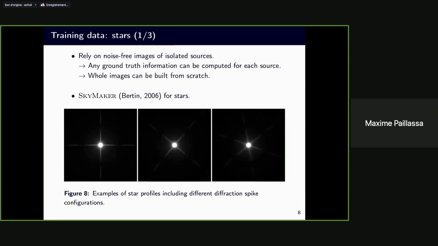To train this network, we need training data, and we decided to rely on noise-free images of isolated sources so that we can compute any footprint that we like, and we can build whole images from scratch. For stars, we are using SkyMaker, and here I show some star profiles that we are using, including different diffraction spike configurations.